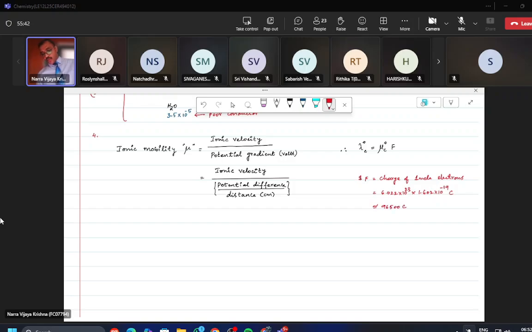We call it 1 Faraday. If I take 1 mole of Na plus ions, 1 mole of Na plus ions have 1 Faraday into its mobility as the net electrical conductance shown by the ion. So electrical conductance lambda equals its mobility into the total charge it is transporting.